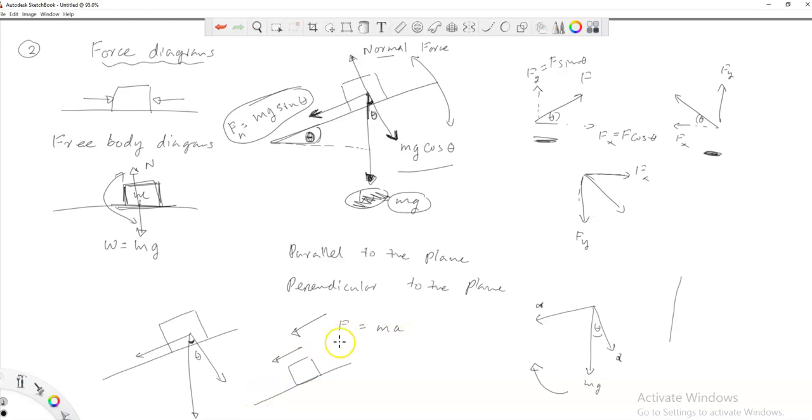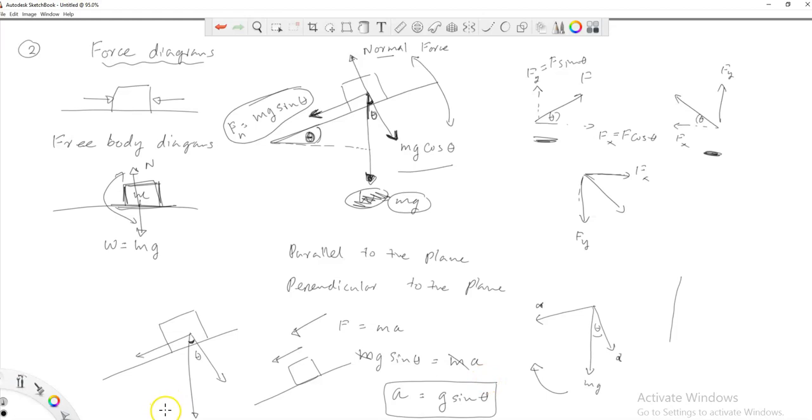F equals ma, so we have mg sine theta equals ma. You see mass and mass cancel out. This gives you acceleration equals g sine theta. So this is an interesting result.